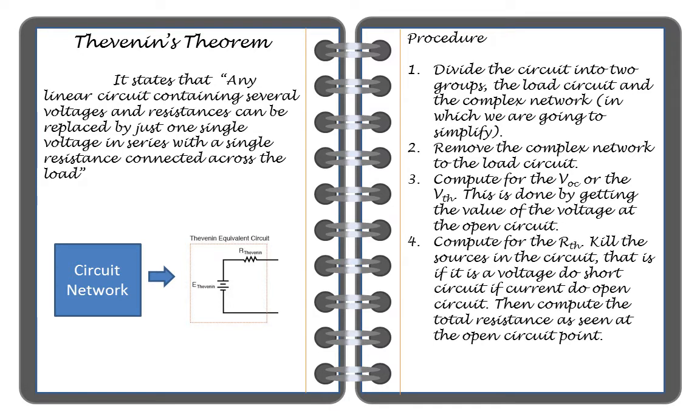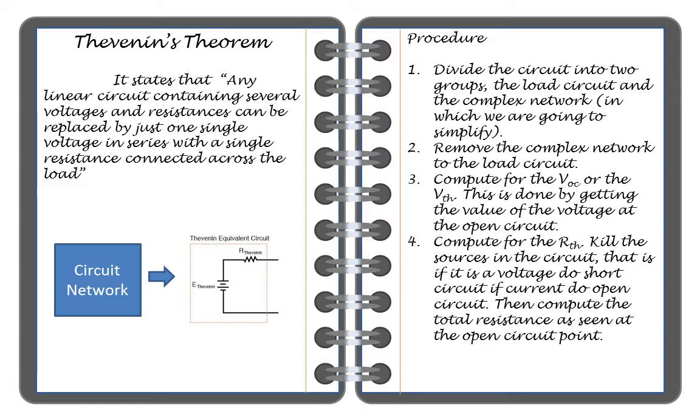Then after getting the Thevenin's voltage, we're going to compute the resistance seen at the open circuit portion. That is what we call the Thevenin's equivalent resistance, or the RTH.